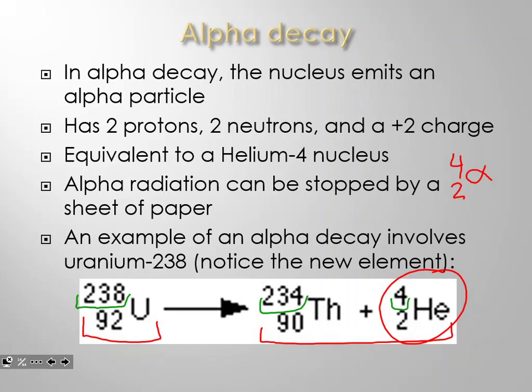The other thing you should notice too is that the atomic number, or proton number, does change with an alpha particle. 2 protons are lost. So if we have uranium 238 and an alpha particle breaks off of it, it's no longer uranium, it now becomes thorium. And you see that right here, thorium 234 is the daughter element out of that.